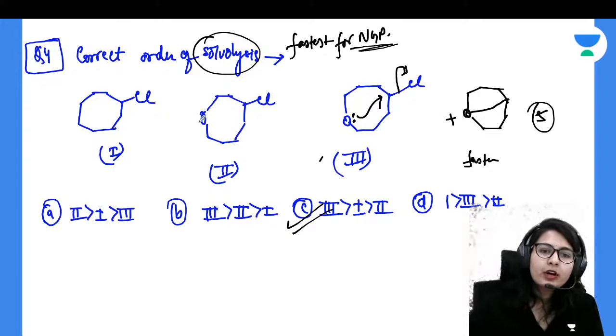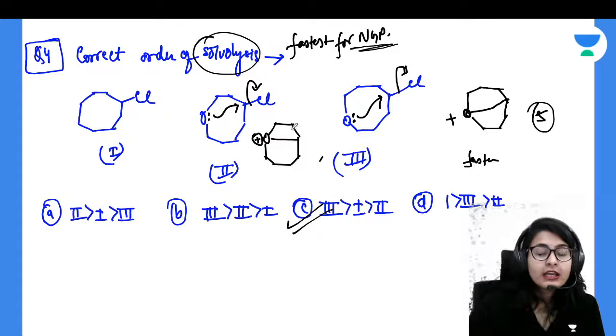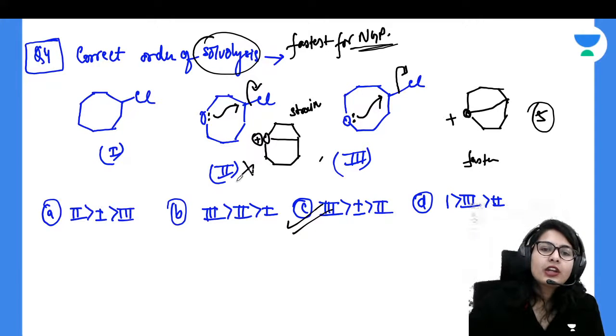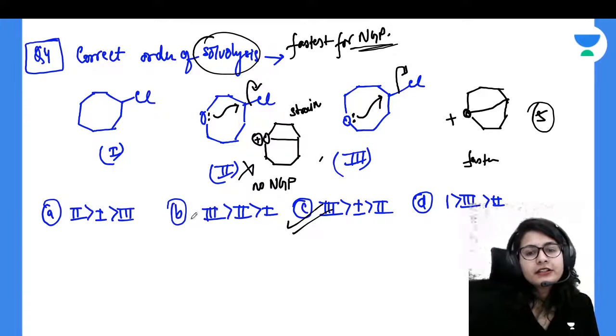Alright, what about option number 2? If you are doing NGP over here, it's going to give you a hindered 4-membered ring, isn't it? It is going to give you a hindered 4-membered ring, which is causing a ring strain. That is why no NGP for this molecule, because it is hindered, right?